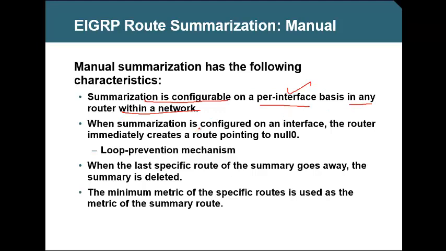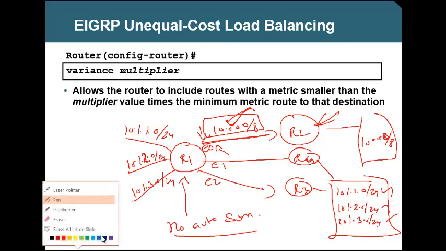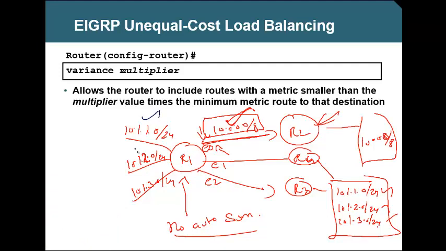When I do manual summarization, what will happen? There will be a route in the routing table pointing towards the null 0 interface. This is a summary route that I write, but it's a summary route of many networks which are on the physical interfaces. Let's say this is F0, F1, F2.